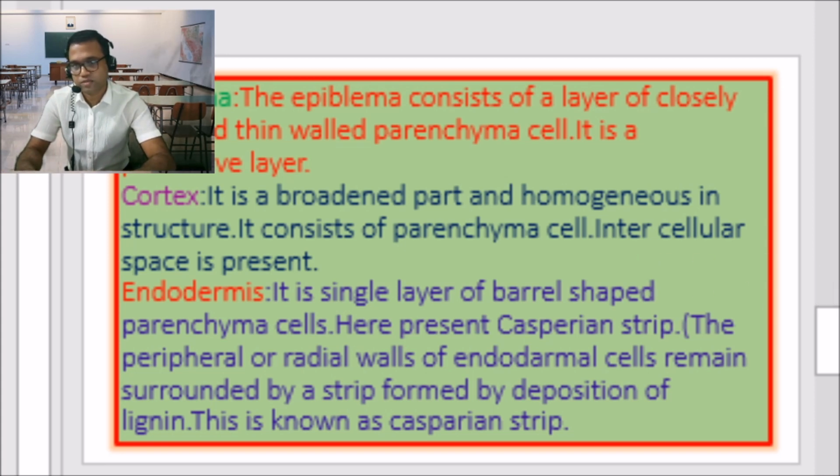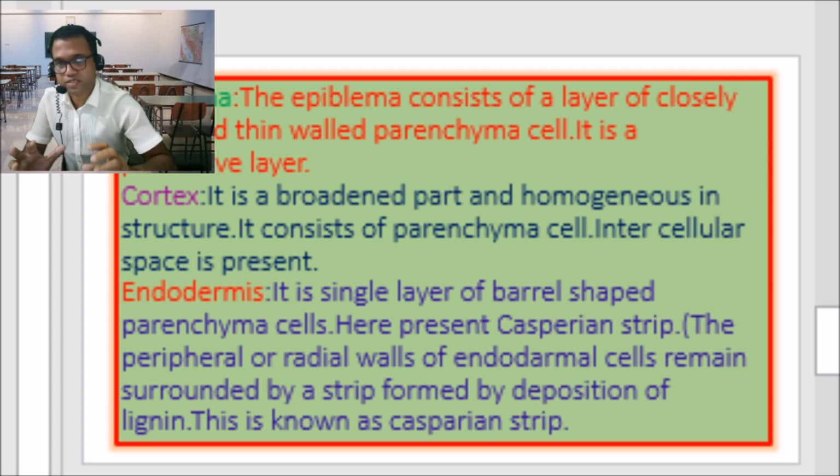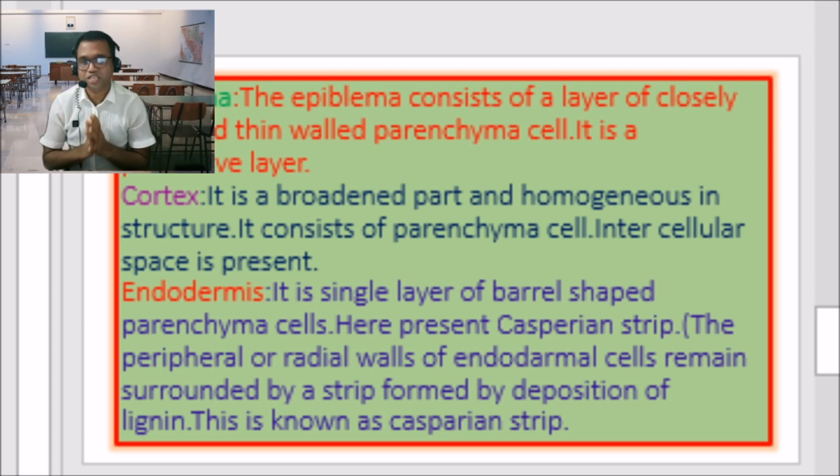Next part, endodermis. It is single layered and made of barrel shaped parenchyma cells. Here the Casparian strip is present. What is Casparian strip? The peripheral or radial wall of an endodermal cell remains surrounded by a strip formed by deposition of lignin.